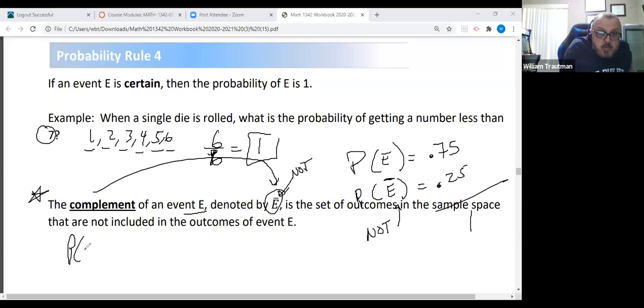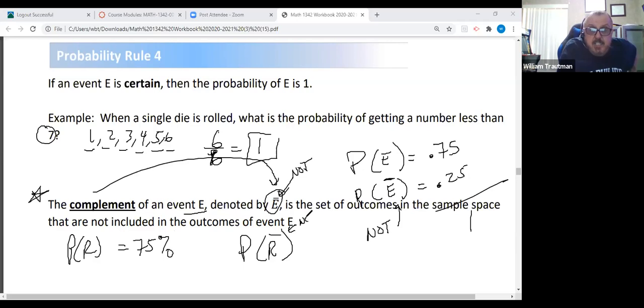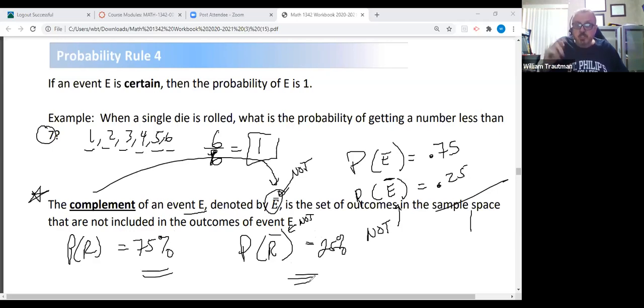The probability of rain is 75%. This right here, we say the probability it's not going to rain. That line means not. It's not going to rain is 25%. If rain is 75%, then not rain is 25%. So you start getting used to saying that line on top as not the event, or not going to rain.